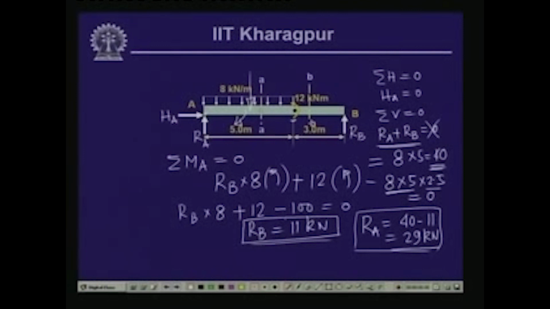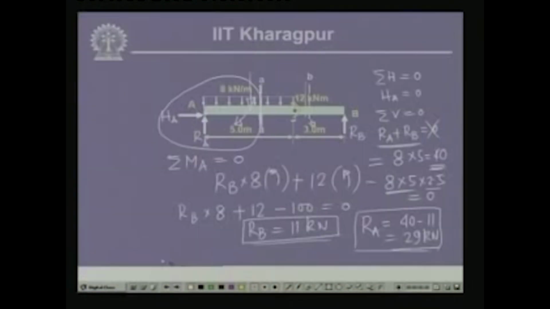Now, what we need to do is evaluate the value of shear force and bending moment at section AA and section BB. So, let us cut the beam at section AA and take the free body diagram of this particular part and see what values of shear force and bending moment we get. Now, if we do that, the free body diagram of the left hand part is, here we have RA, which is 29 kilonewton.